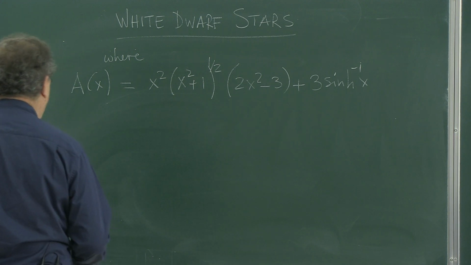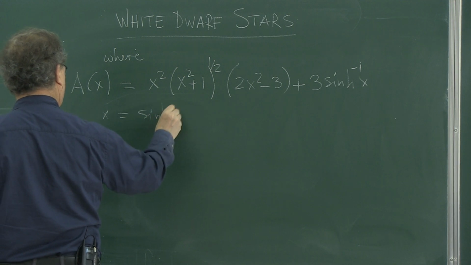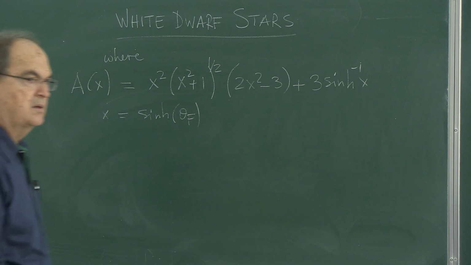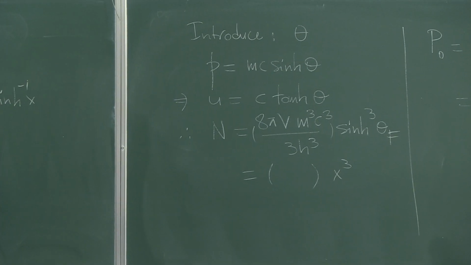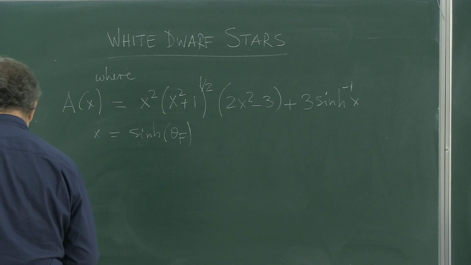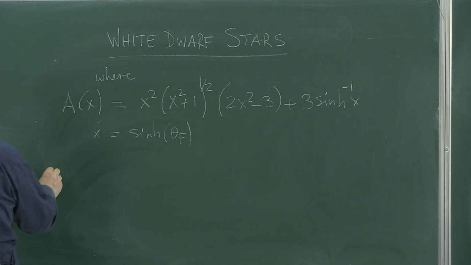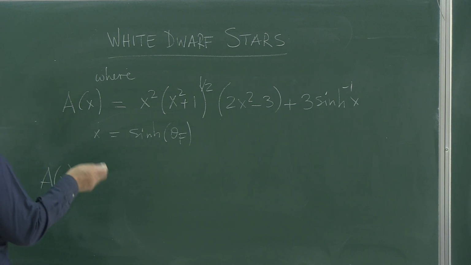And of course, we called x sinh theta f. When you look at the expression, it's the same thing, just this is called x. Now you can compute this for any x, but you can also look at the limiting forms of this function, for small x and large x.